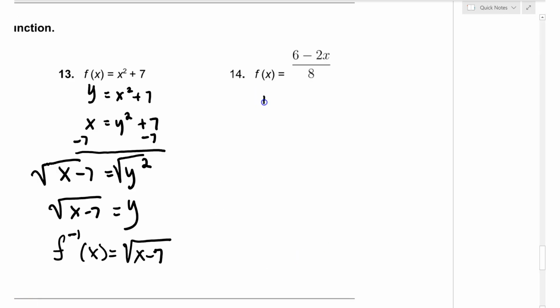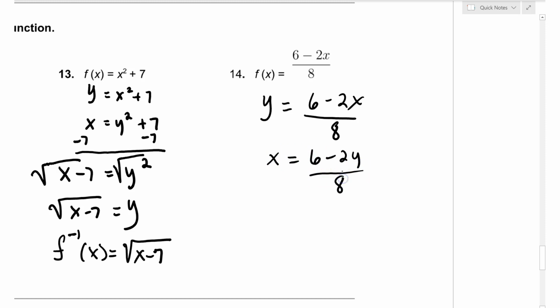So for number 14, we have y equals 6 minus 2x over 8. We're going to switch the y and the x. So we have x is equal to 6 minus 2y over 8. Multiply both sides times 8 since we're solving for y. So we have 8x is equal to 6 minus 2y. Subtract 6 from both sides.